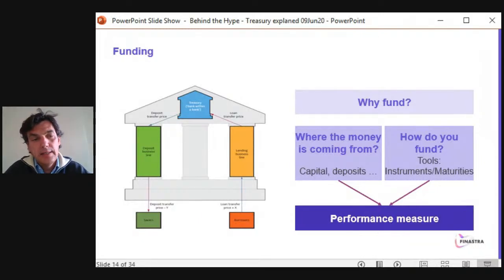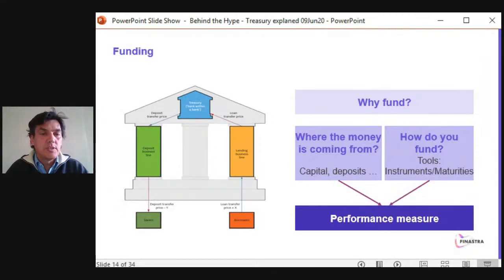And in the end, you need to measure your performance. I was just saying that the Treasury has to be profitable at any point. And to be profitable, you need to measure yourself. So a good instrument to measure yourself is the risk-free rate. We are talking quite a lot about the risk-free rate right now because it's going to be the new reference rate for everybody, and it's going to replace LIBOR.